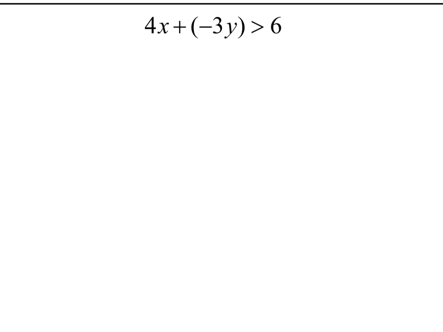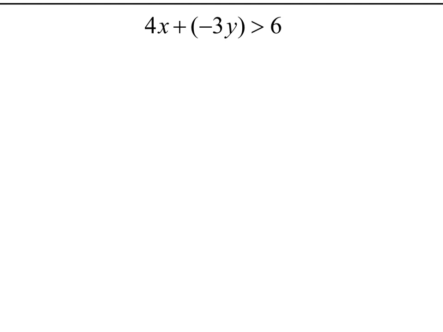There's no distribution that needs to be done here. These parentheses are only here to help identify that this is a negative 3y, not a plus and a minus. Brianna? Yeah, so we've got both sides simplified here, so we're ready to do inverse operations.